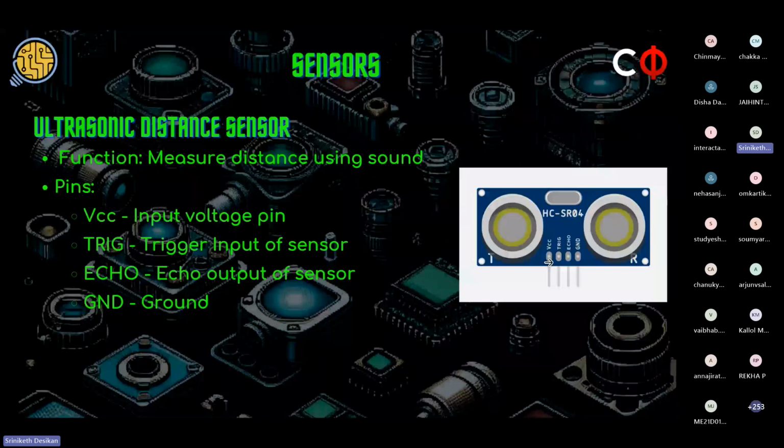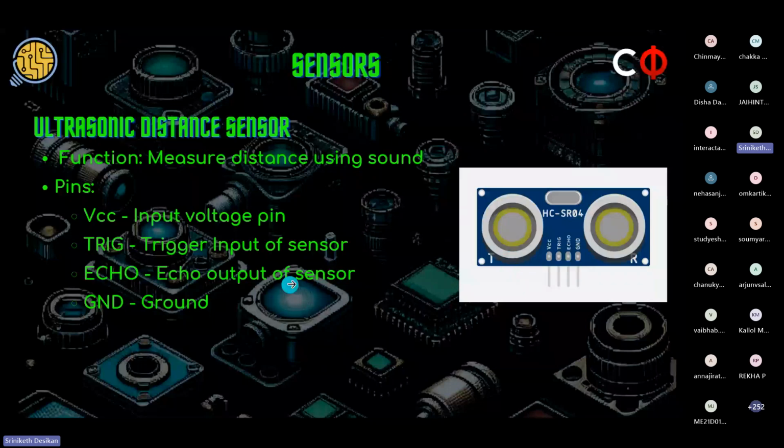These 4 pins, as shown here, are VCC, trigger, echo, and ground. Trig represents trigger. VCC and ground are to supply power to the sensor. You'll be coming across them in almost all electronic components you deal with. Trigger and echo are specific to this sensor, and I'll explain what they do shortly. This is called the trigger input, and this is called the echo output.